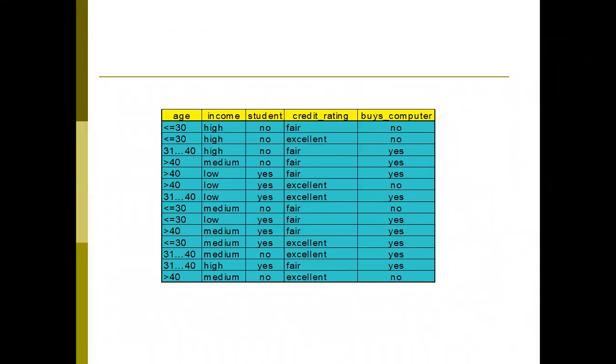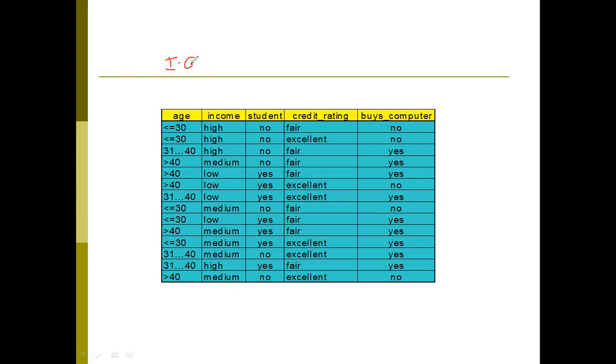This is the table I'm going to use in the measurement of gain ratio. The same table, the same data set, I have used for calculating the information gain.